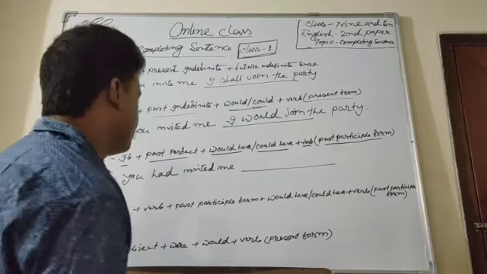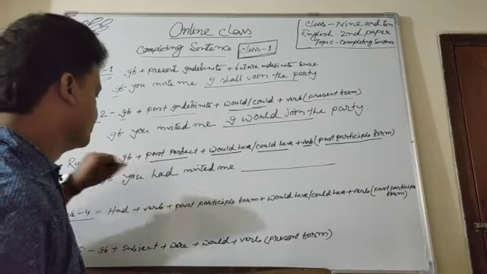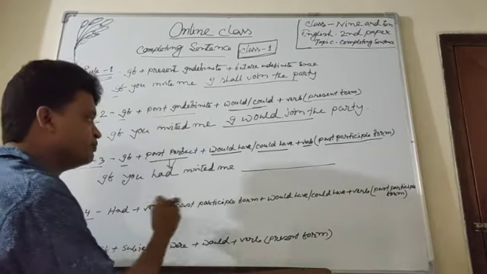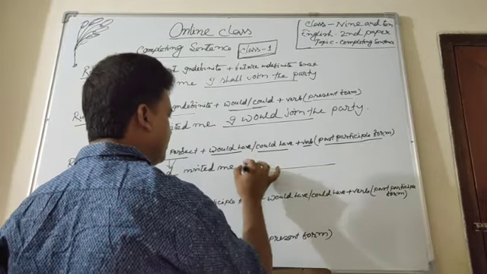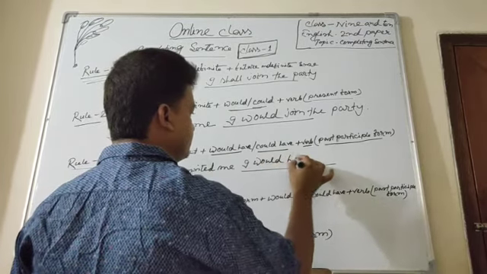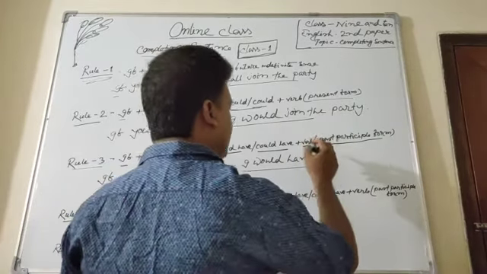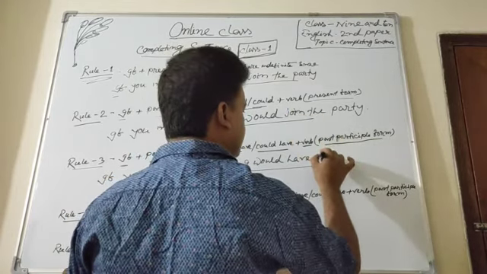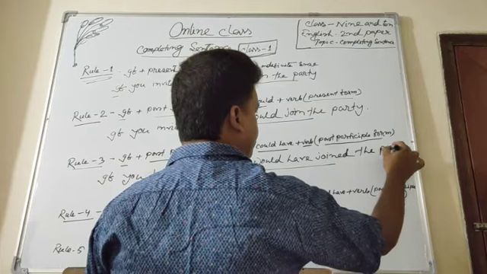If we want to make it complete, please follow this part of the sentence. You had invited me. That means it is past perfect. So, if I use subject I and then would have or could have, would have, and then use a verb. Here I have used join. It will be join the party.